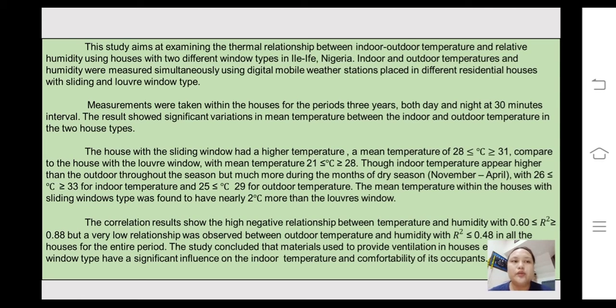The mean temperature within the houses with sliding window type was found to be nearly 2 degrees Celsius more than the louvre window.